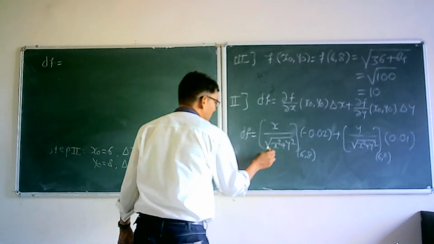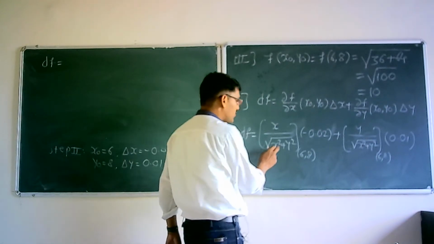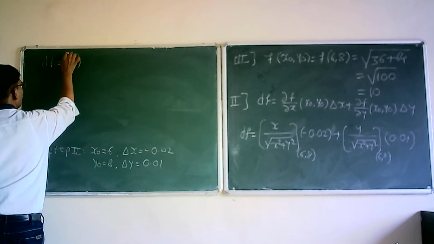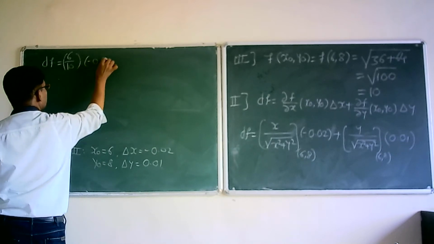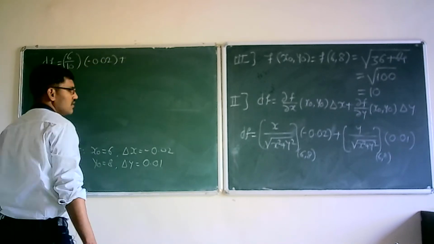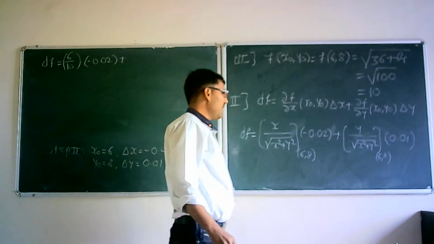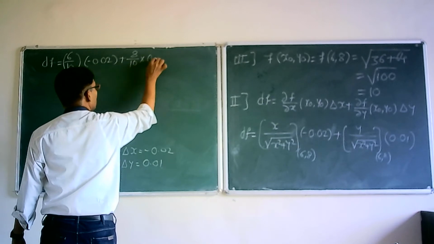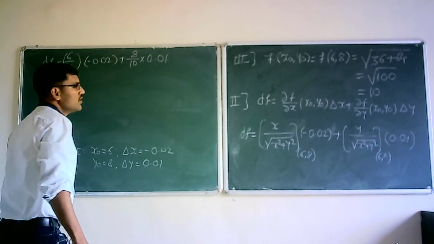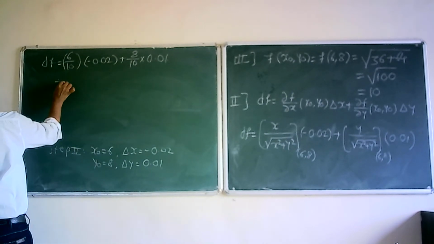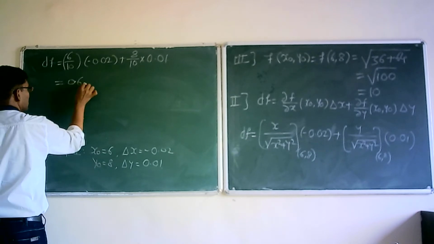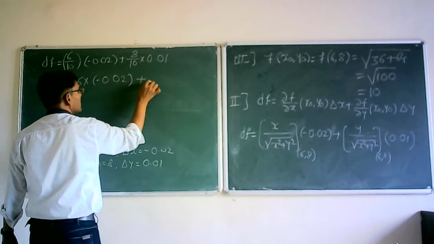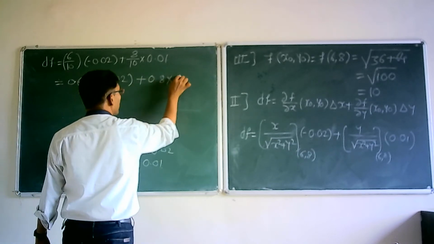So 6 divided by, we know that under root of x square plus y square is 10, so it is 6 by 10 into minus 0.02, plus y divided by, so it is 8 divided by 10 into 0.01. So if we simplify this, it will be 0.6 into minus 0.02 plus 0.8 into 0.01.